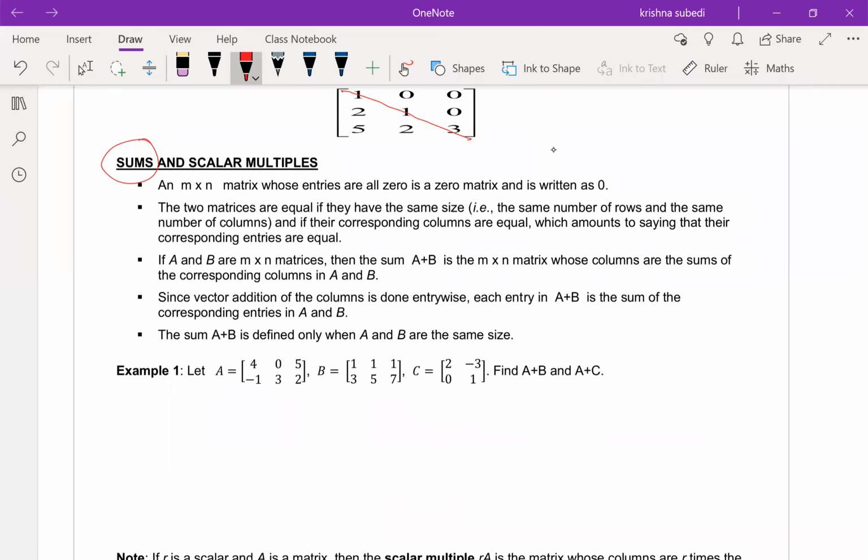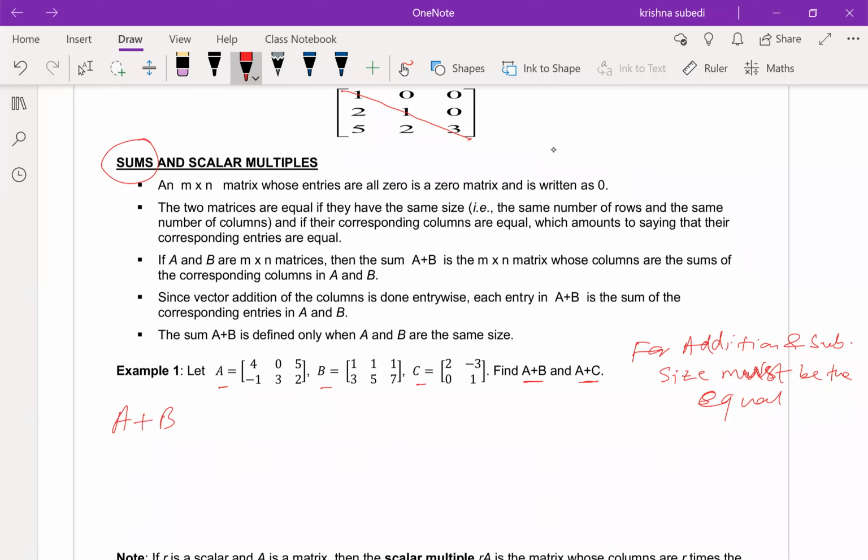So for addition and subtraction, the size must be the same, equal. For example, A, B, and C are given. We need to find A plus B and A plus C.